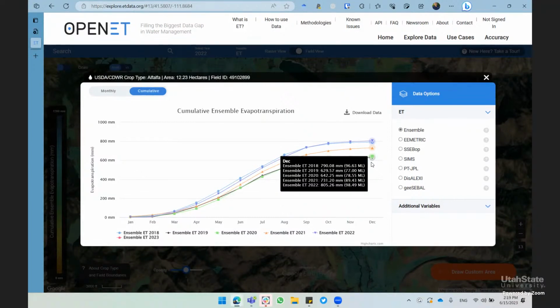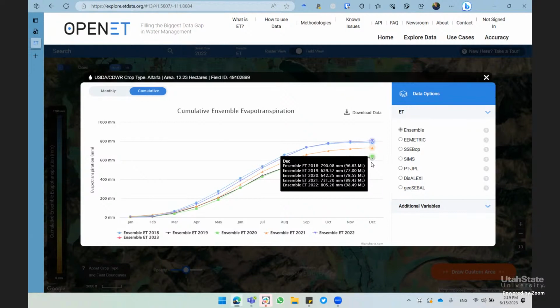They might be applying too much water, but maybe they're trying to compensate for salinity. They might be trying to cultivate something like submerged rice. So there will be different cases, but these values already give us a starting point to check on water efficiencies.